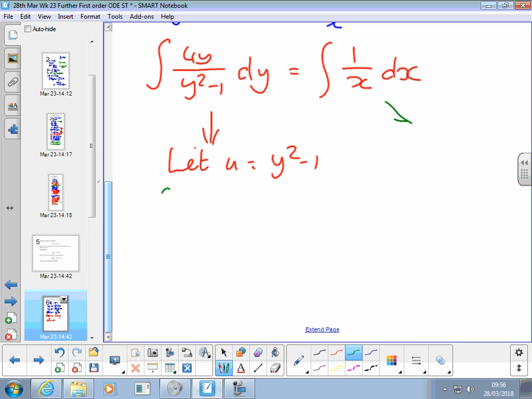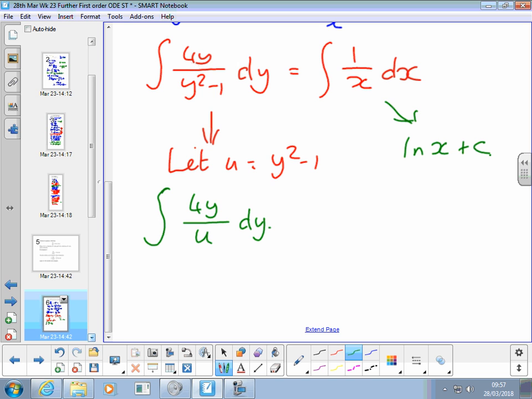What's the answer to that bit? So that bit's solved. So we're looking at the integral of 4y over u dy.